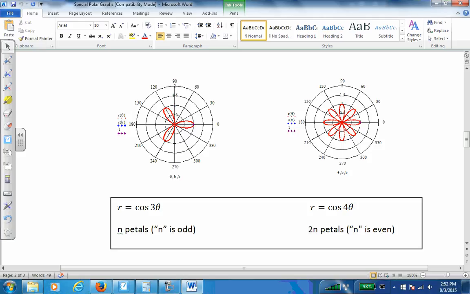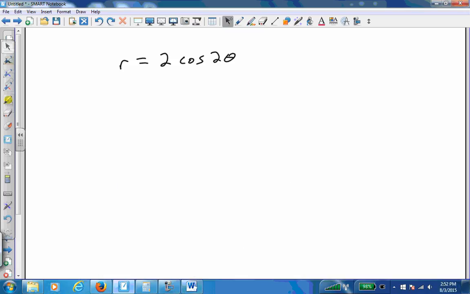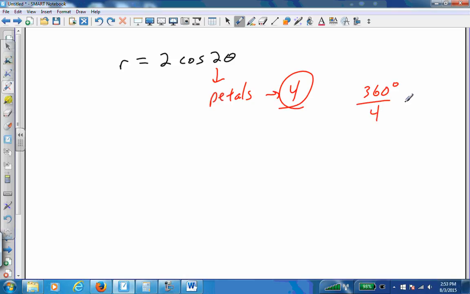If the coefficient is even, then we have twice that many petals. So on ours, the coefficient of theta is 2, so how many petals? 4. Since that's an even number, we're going to have double that many petals. If we have 4 equally spaced petals, how many degrees are in a complete rotation? 360. If we have 4 petals, then that means each petal is 90 degrees apart.